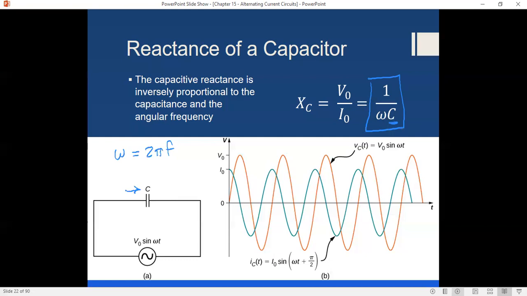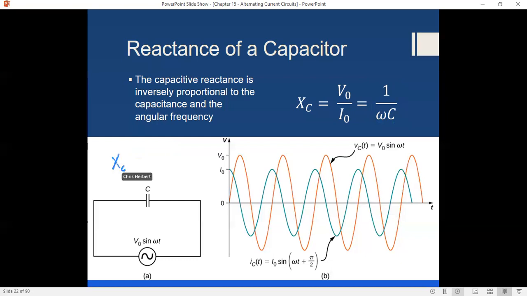The other thing is the frequency. If I'm charging and discharging the capacitor very, very quickly, then the current is also going to have to be very, very large. So if I make the frequency of my AC higher and higher, the reactance also drops. So what is capacitive reactance?